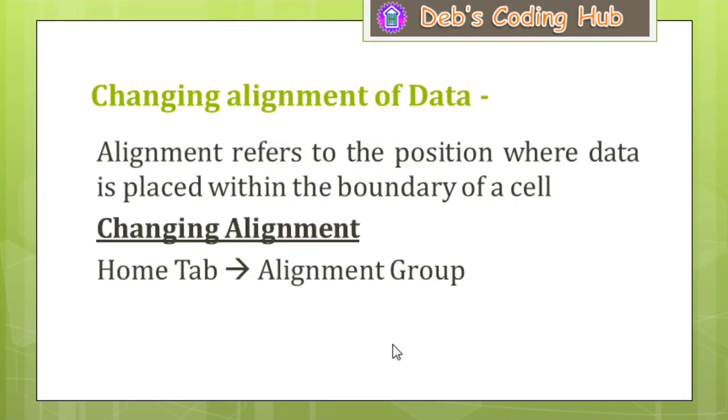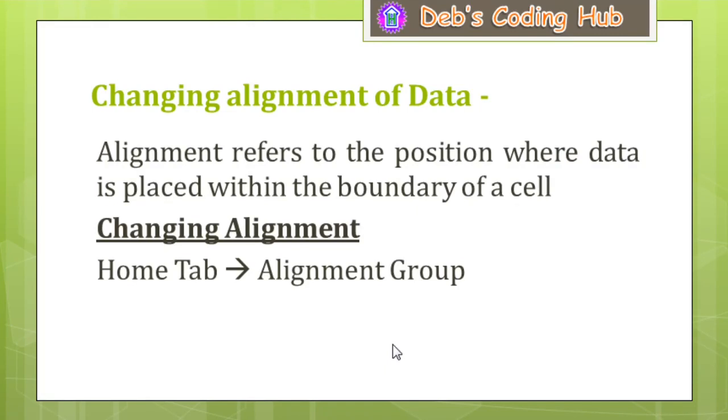The next topic we are going to discuss is changing the alignment of data. Now, what is alignment? Alignment refers to the position where data is placed within the boundary of the cell. Alignment could be horizontal as well as vertical.